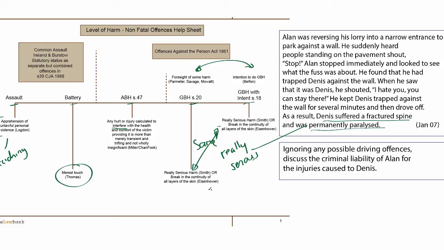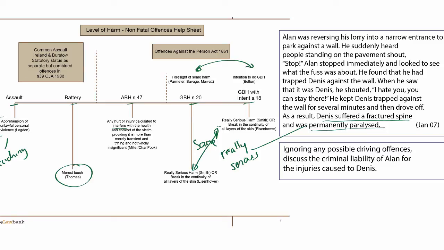So we immediately know, applying this structured approach, that the offences we are looking at in terms of criminal liability for Alan have to be either Section 20 or Section 18, because the injuries fit with really serious harm.